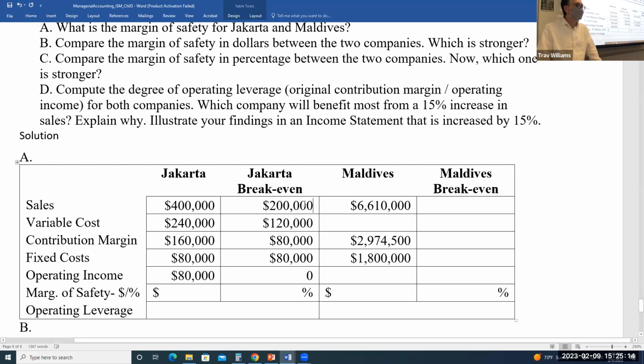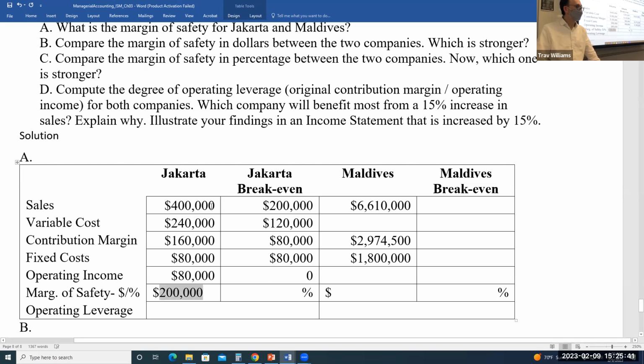So their margin of safety, if they needed 200,000 in sales to break even, and they had 400,000 in sales, they have a $200,000 margin of safety. That's how much above their break-even point they were. So margin of safety in dollars is 200,000.